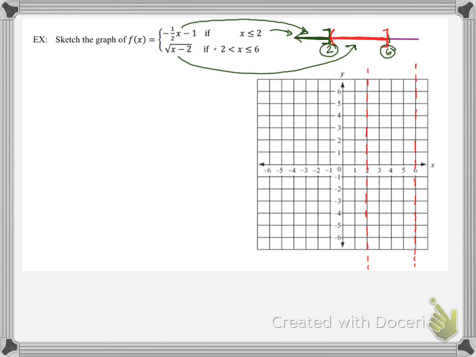And my function is saying if x is less than or equal to 2, so that's everything to the left of 2, I want to graph y equals -1/2 x minus 1. That's the equation that I'm going to graph in that part of my graph. And then if x is between 2 and 6, I use the square root of x minus 2.